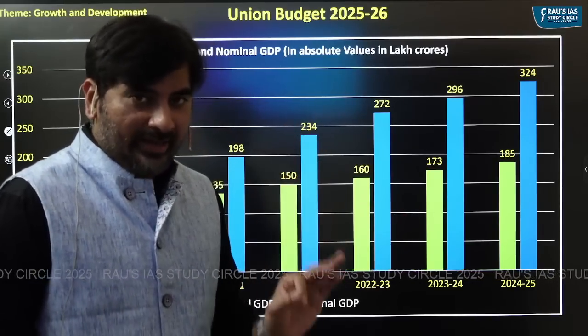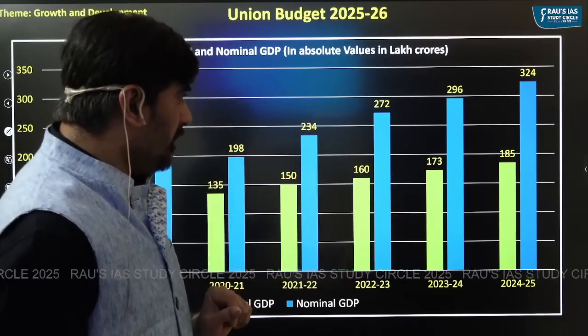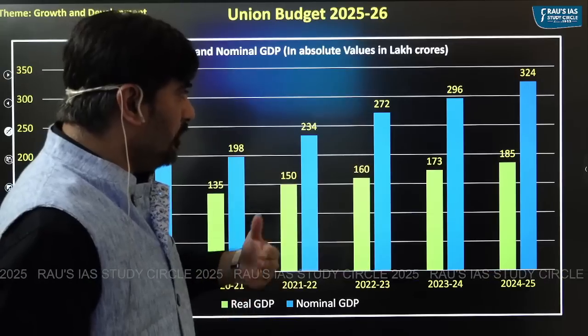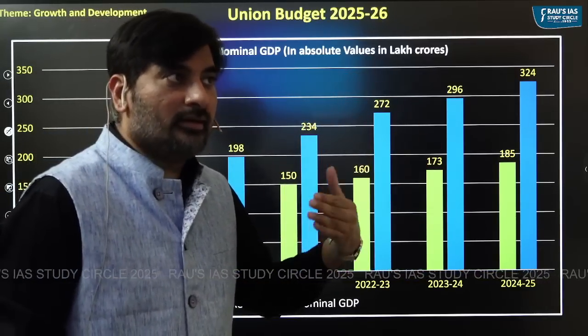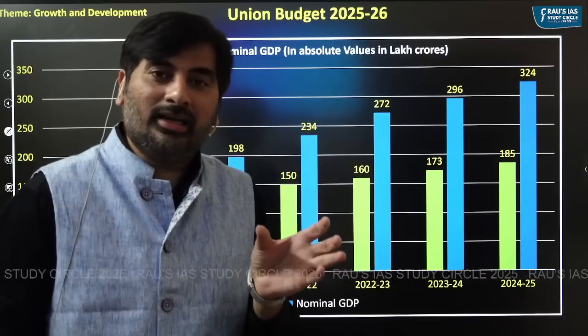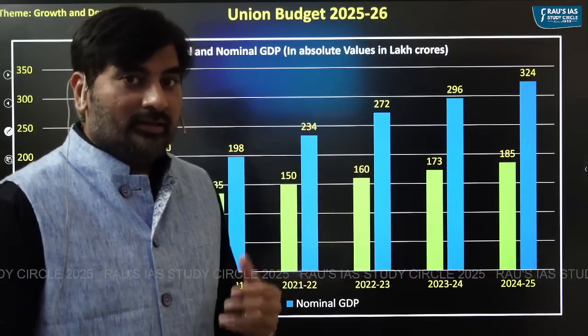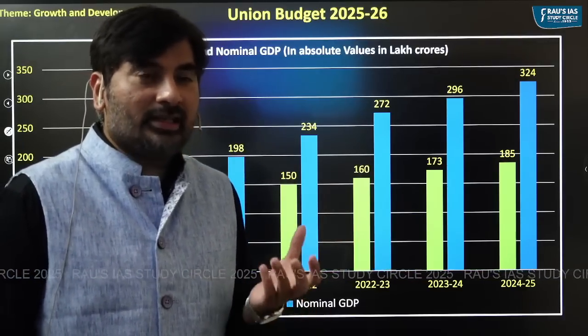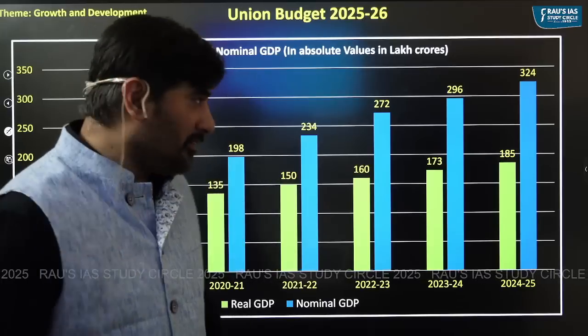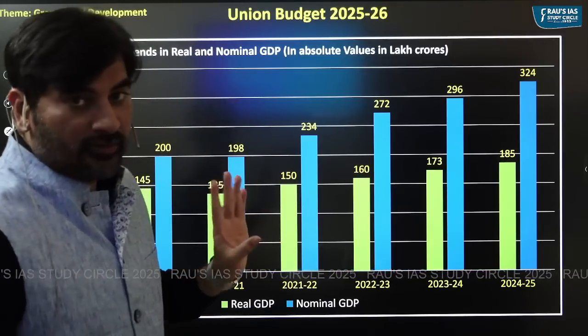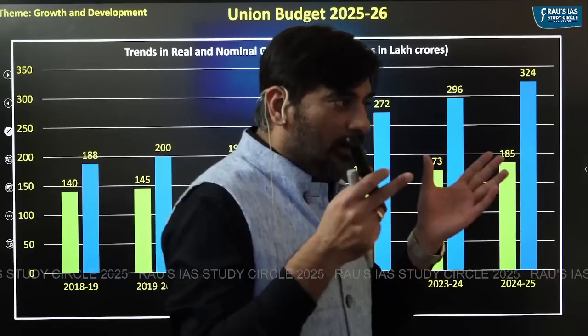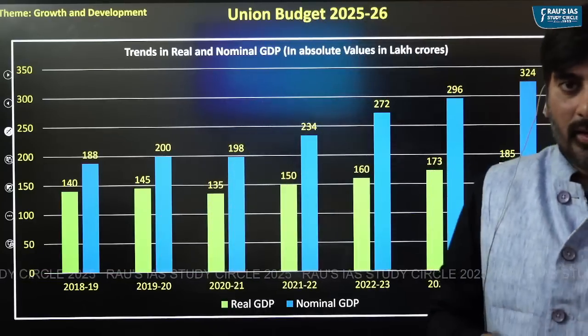According to NSO, the nominal GDP of India has increased to 324 lakh crores. That is the GDP at current market prices. The real GDP, which is GDP at base year price, is somewhere around 185 lakh crores. That is the total value of GDP in terms of absolute value.